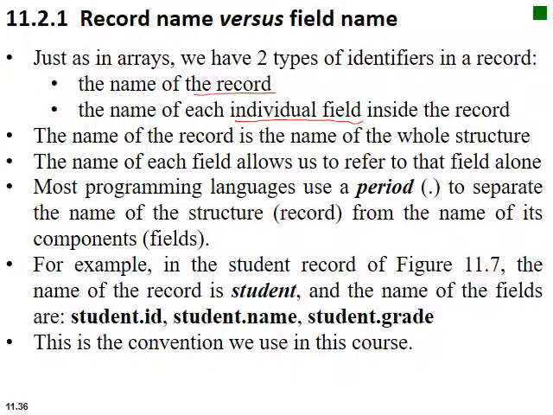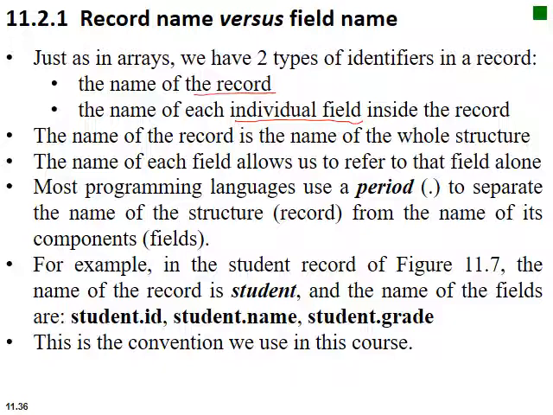The name of the record is the name of the whole structure. Like student, in the previous example, is the name of that entire structure consisting of the fields, and each field allows us to refer to that field alone.